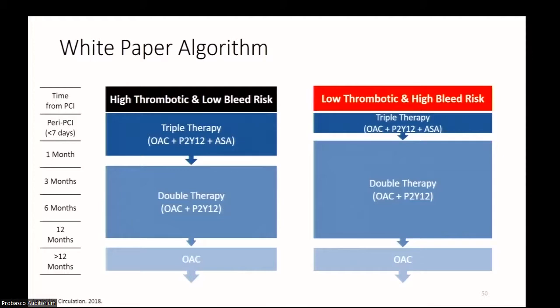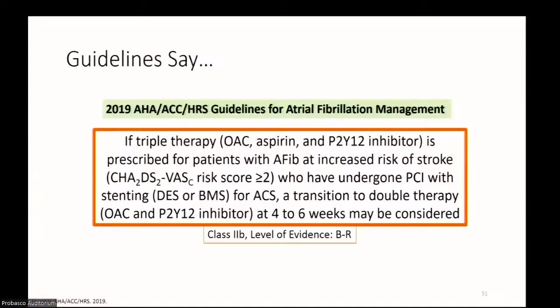And so in patients in whom double therapy is considered, aspirin is recommended by the white papers in the peri-PCI phase. And so in summary, if triple therapy is prescribed for patients with AFib at an increased risk of stroke who have undergone PCI with stenting for ACS, a transition to double therapy at 4 to 6 weeks could be considered.